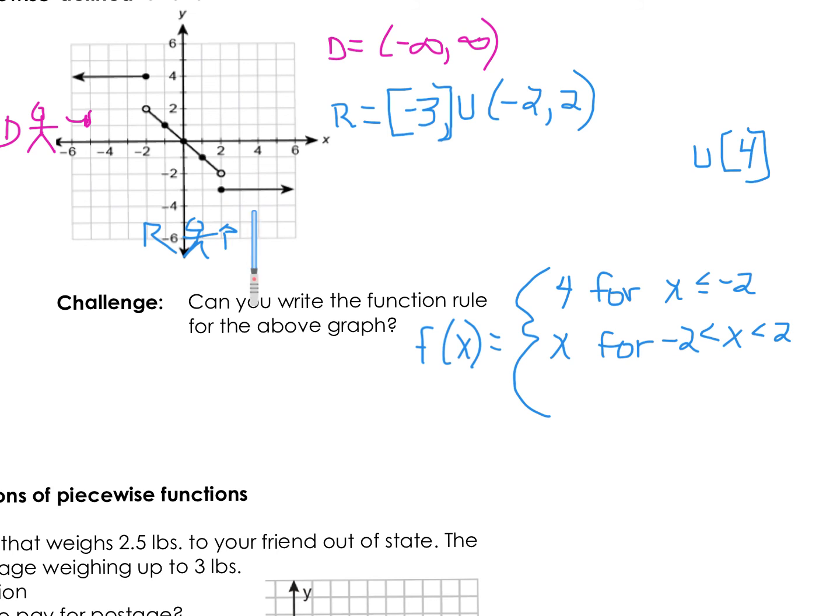And then this last piece right here is a horizontal line going through the y-axis at -3. So it's y equals -3 for x values that are greater than or equal to 2. So if you did that perfectly, kudos to you, good job.